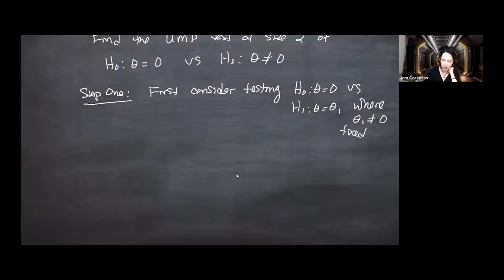And so I want to look at the thing we're calling lambda. I'm going to plug in 0 and I'm going to plug in theta 1, which looks a little strange. So if it helps you, then just call 0 theta naught. But this is f of x, so there's just a single x, I'm not looking at a joint PDF, at 0 over f of x at theta 1.